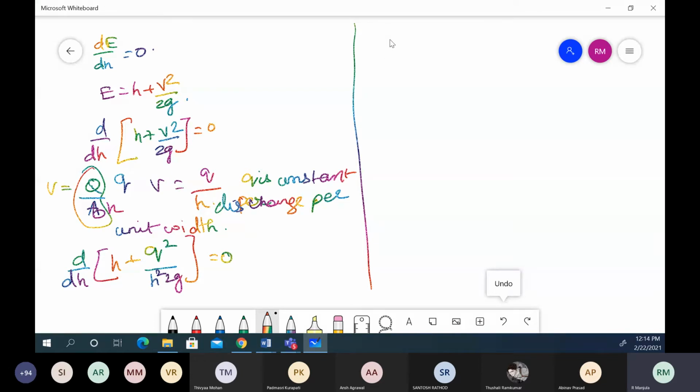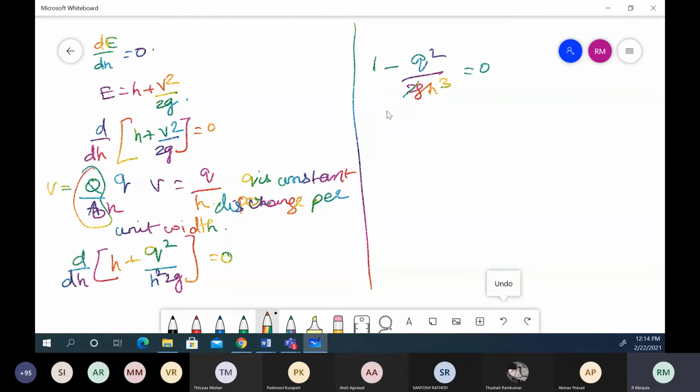Okay, now if I am differentiating this, dH by dH gives you 1 minus q square divided by 2g H cube. H square, if you are differentiating, will be H power minus 2. Then the 2 will get cancelled, so 1 minus q square divided by g into H cube is equal to 0.